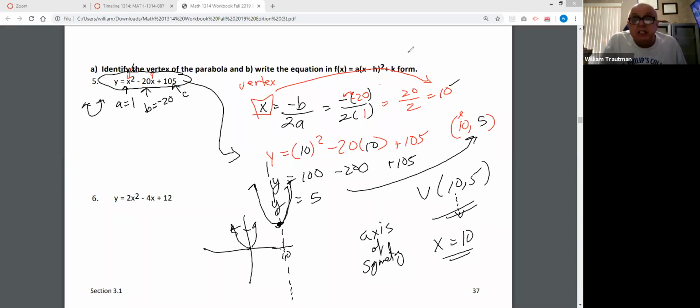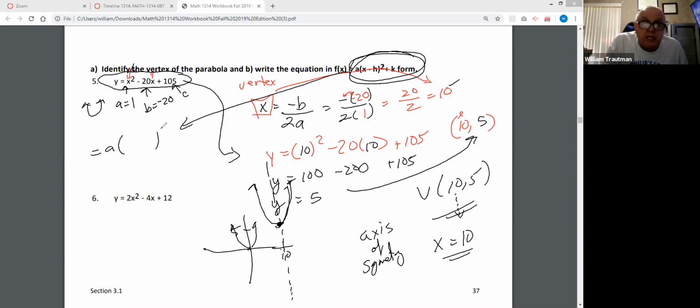Now, it says now write it in the vertex form. I'm not too worried about A right now, but look what happened. Here's the original vertex. Here's a new one. Do you see how we went up 5 spots?